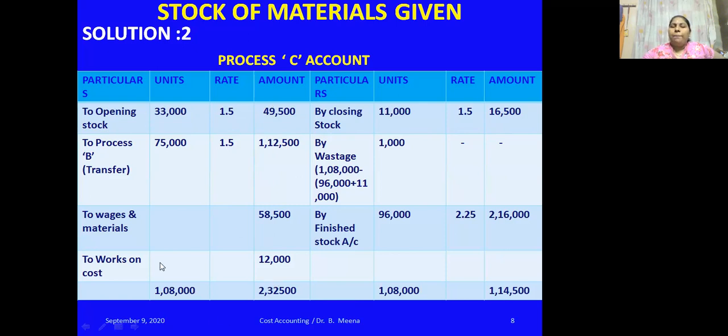Now I compare the total units input I gave in this process, 75,000 plus 33,000. What is the input I'm getting? 1,08,000. So out of 1,08,000, what is the output of this last process? 96,000 as per the problem.